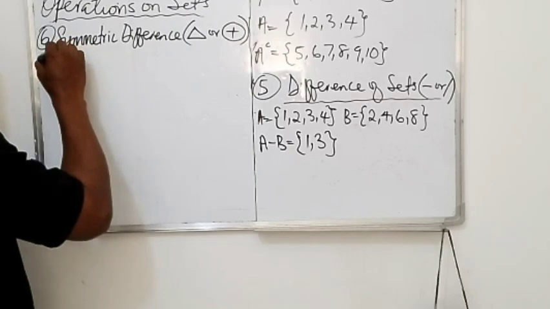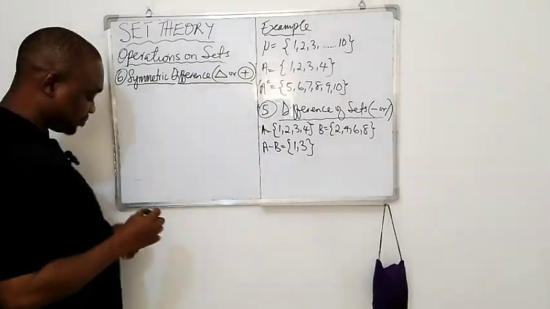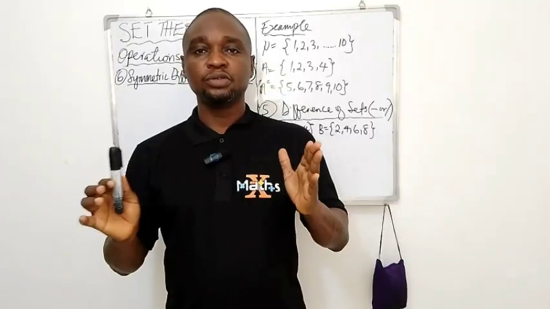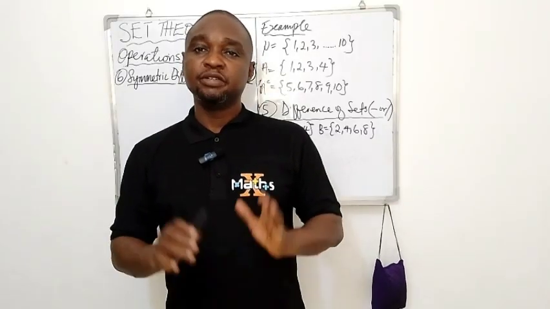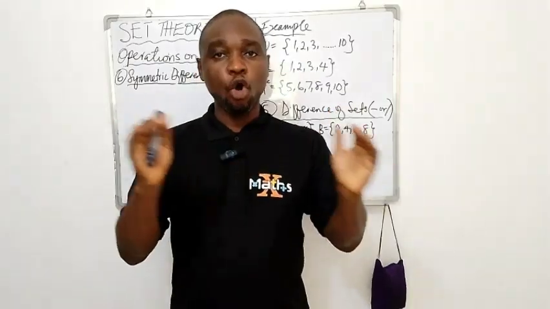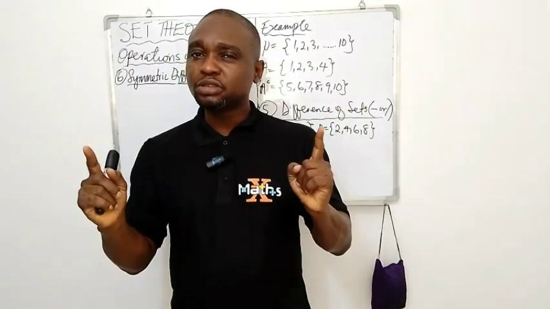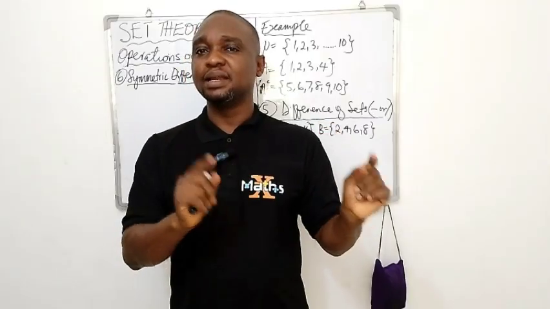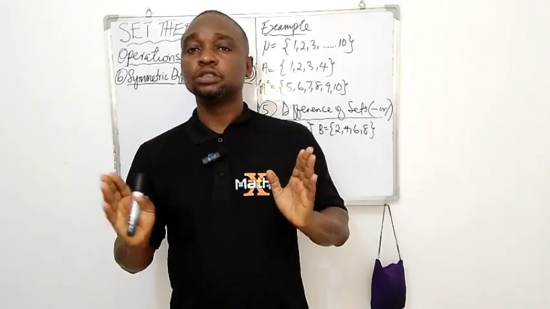Symmetric difference of two sets A and B refers to elements that are in A or B but not in both of them.